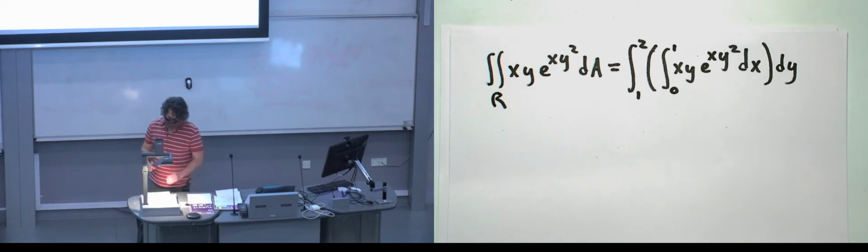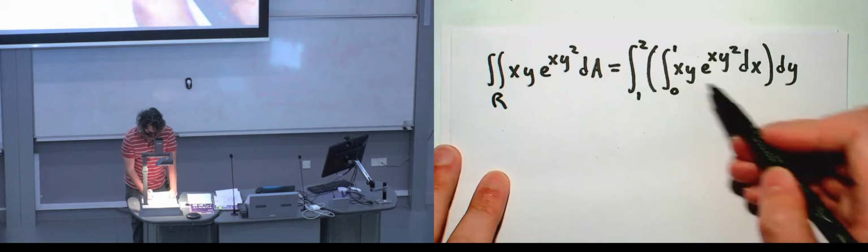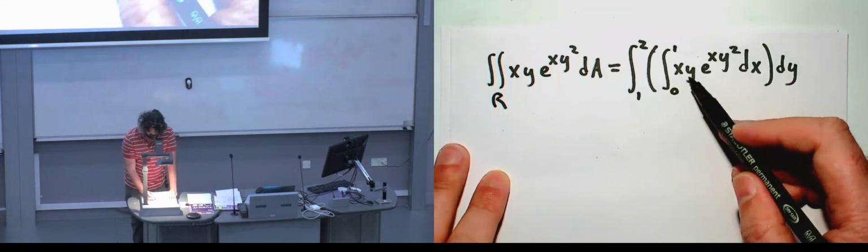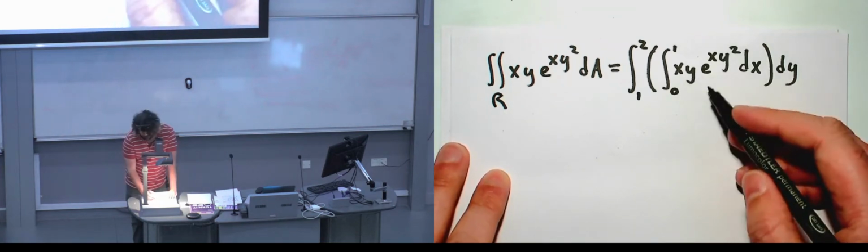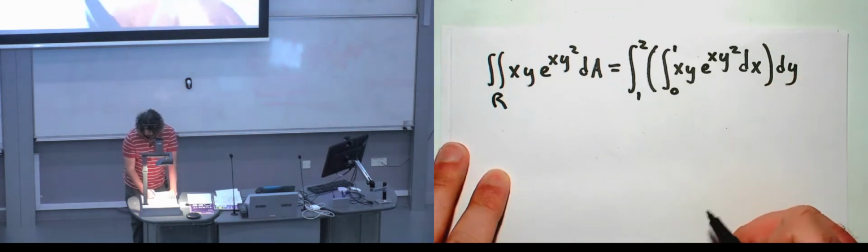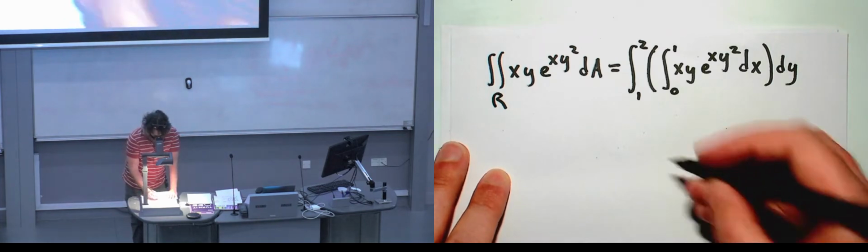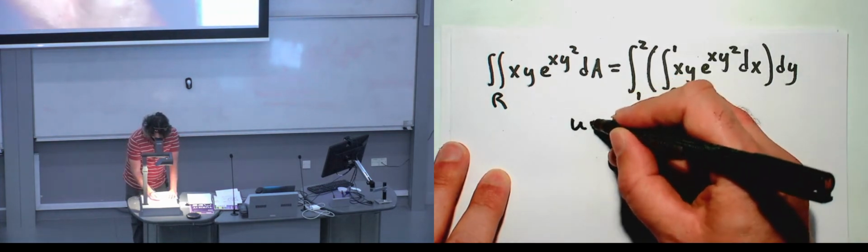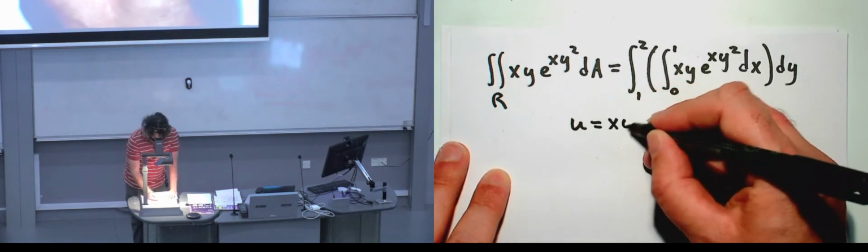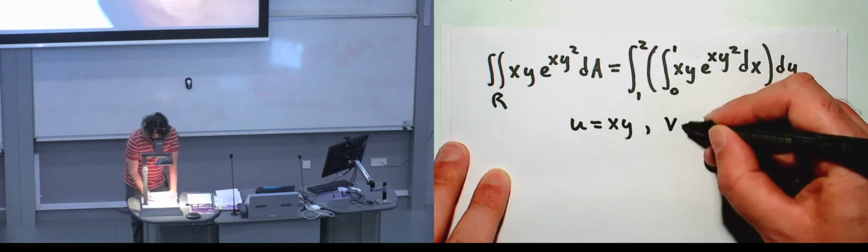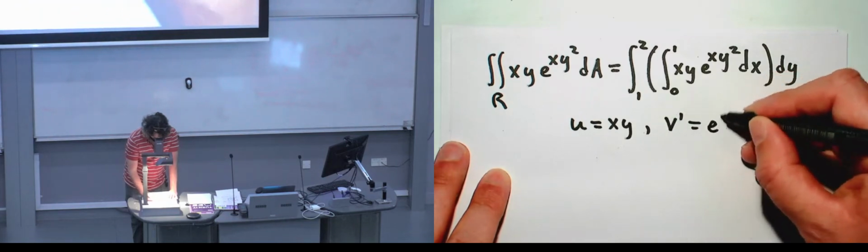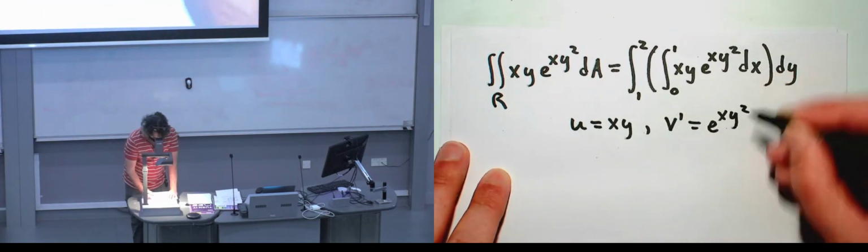Well, you could try to do it by integration by parts, setting u equal xy and v prime equal e to the xy squared.